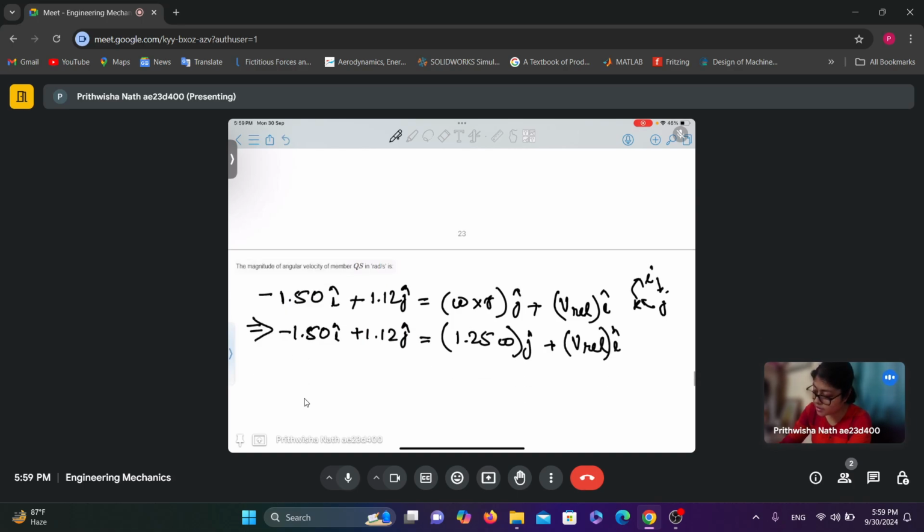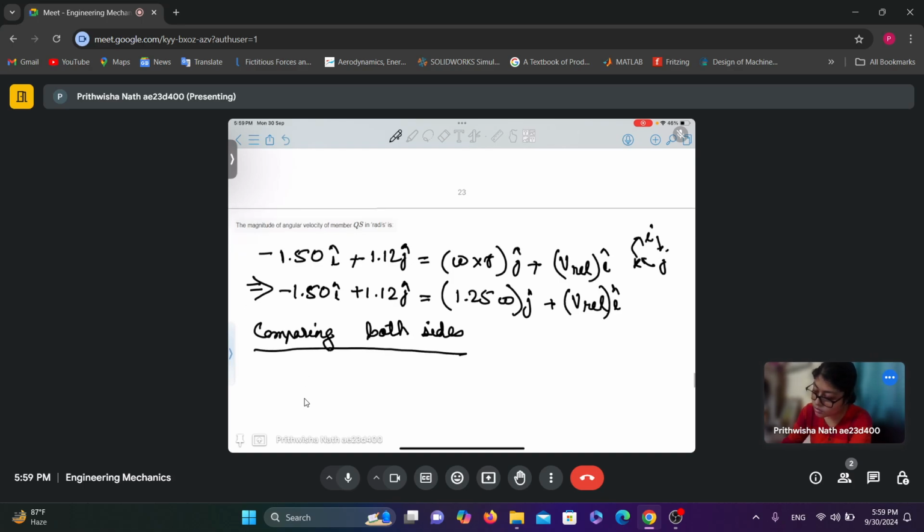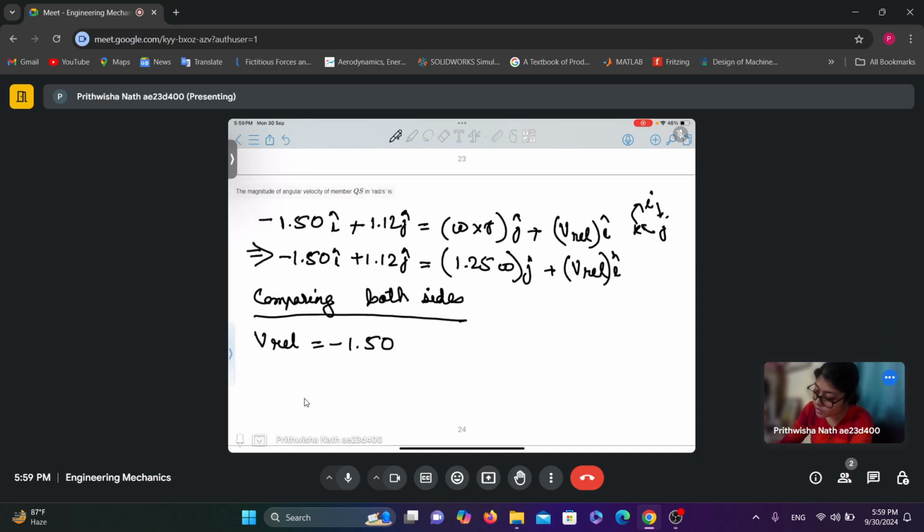So comparing both sides, v rel is nothing but minus 1.50 and 1.12 equal to 1.25 omega.